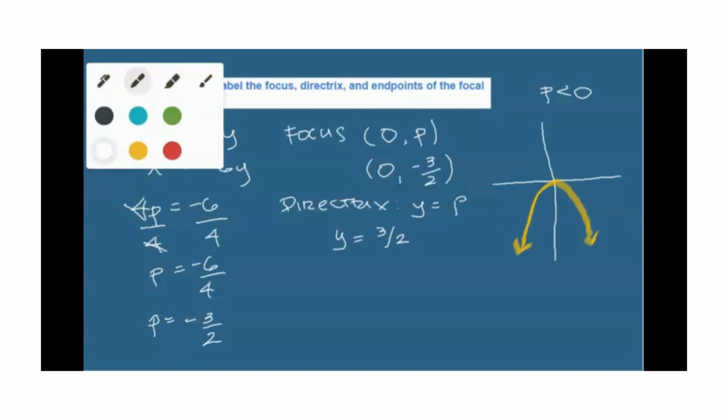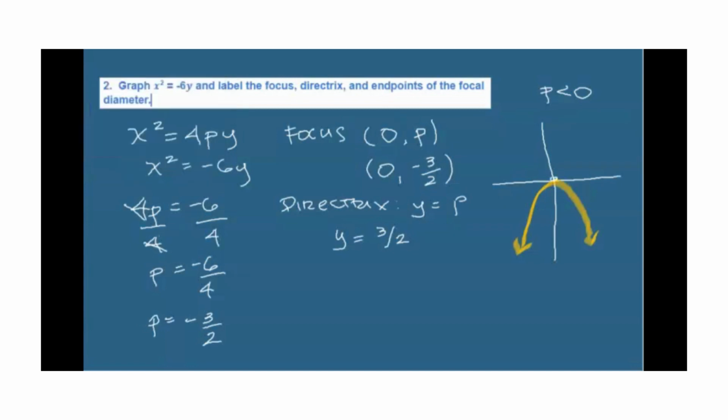Okay, let's plot. So this is our vertex. Our focus at (0, negative 3/2). So let's say this. And directrix is here.